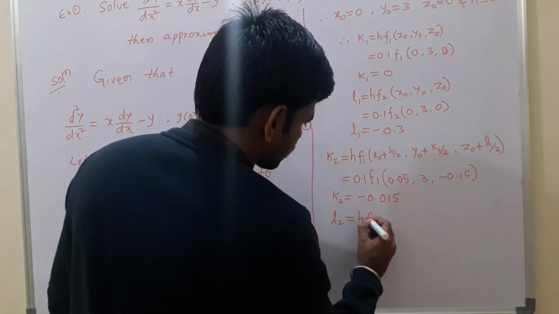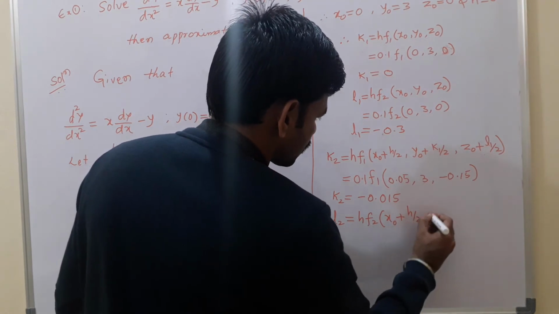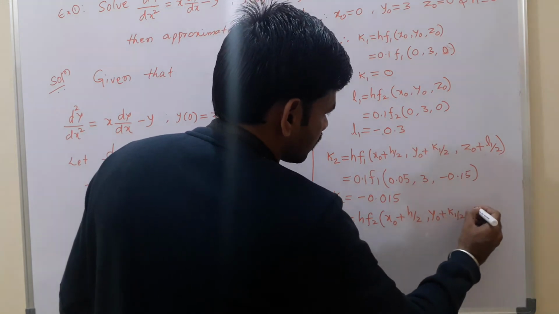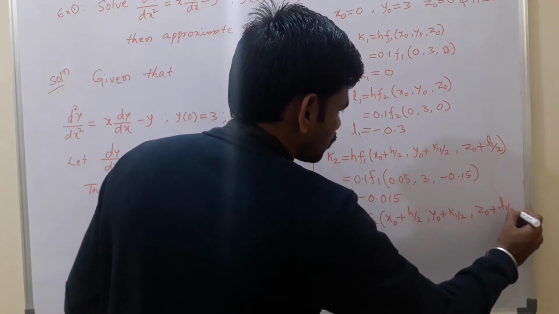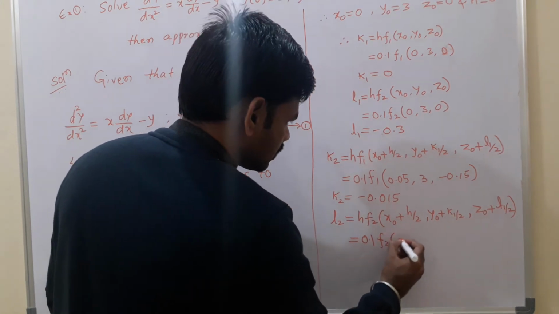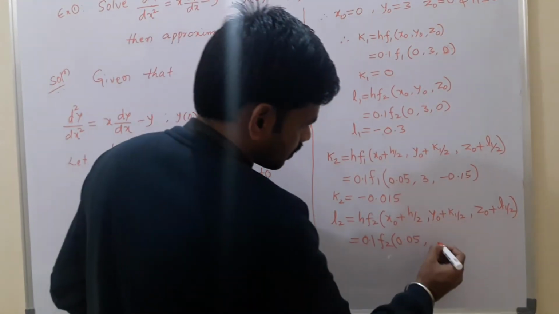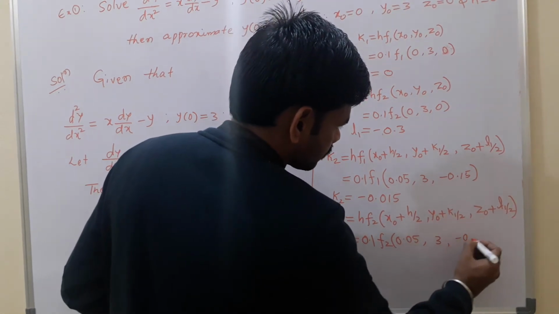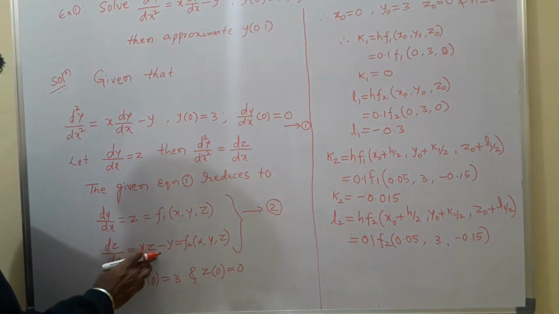h into f2 of x naught plus h by 2, y naught plus k1 by 2 and z naught plus L1 by 2. So that is equal to 0.1 f2, that is 0.05, and 3 and minus 0.15. Here the f2 function is xz minus y.